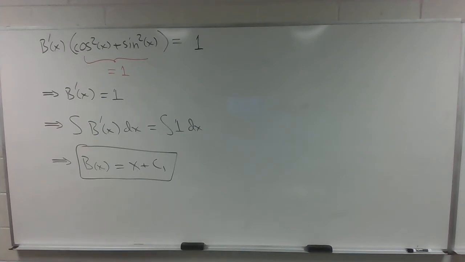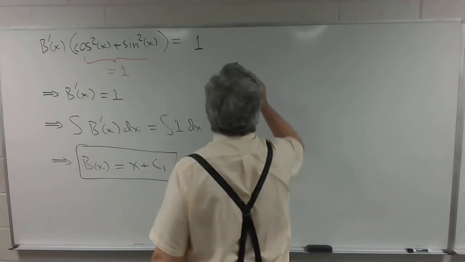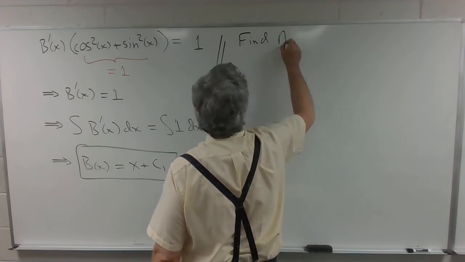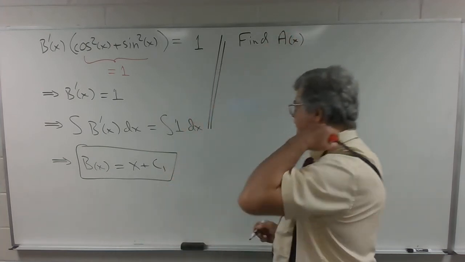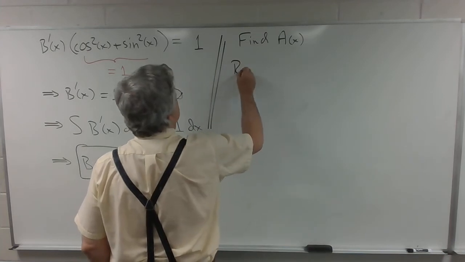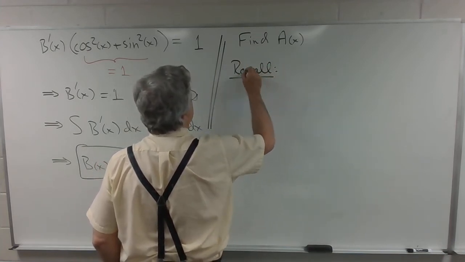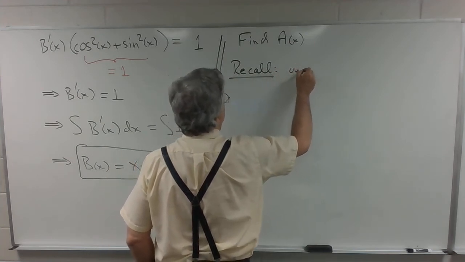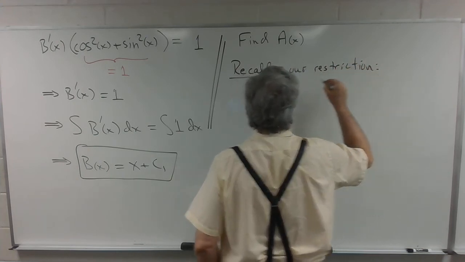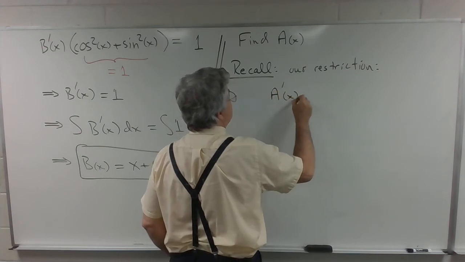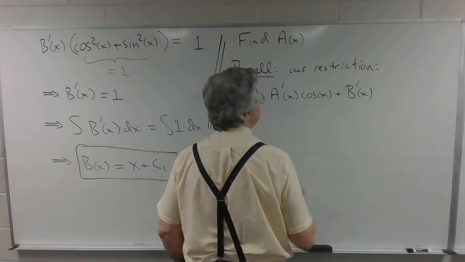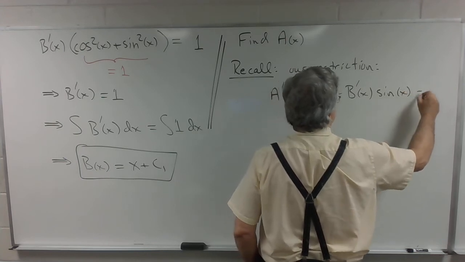Now, find a sub x, or a of x. Our restriction: a prime of x cosine of x plus b prime of x sine of x equals 0.